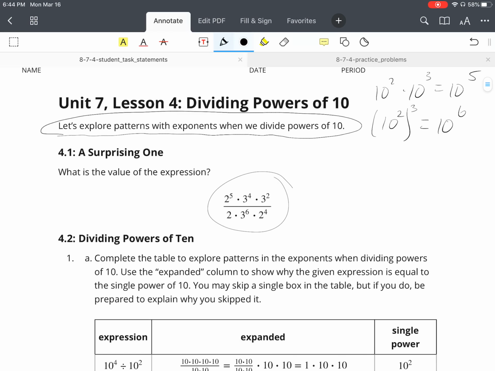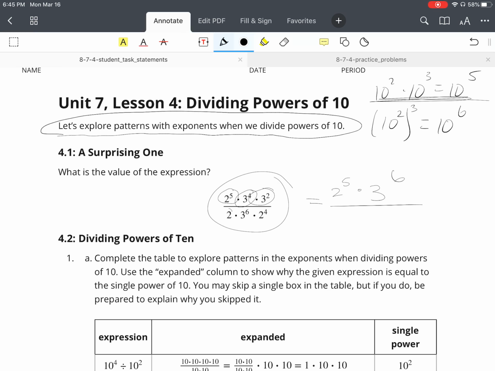So, what is the value of the expression? What is this equal? Well, the numerator here, we have 5 copies of a 2, and then we have a 3 to the 4th and a 3 squared. Using this rule right here, we can add the exponents, so that's 3 to the 6th power.